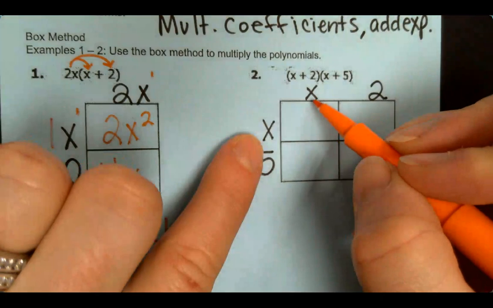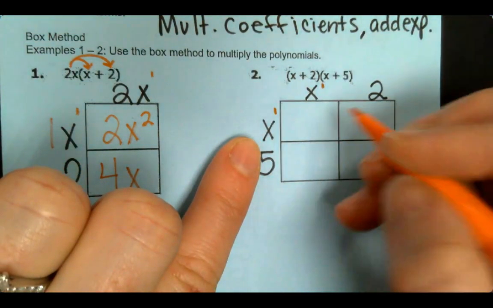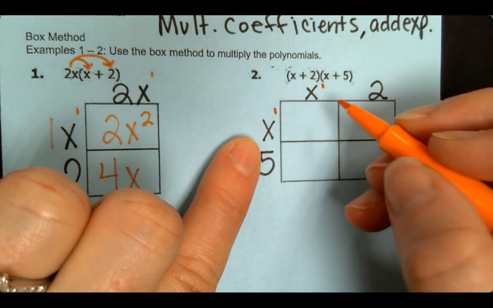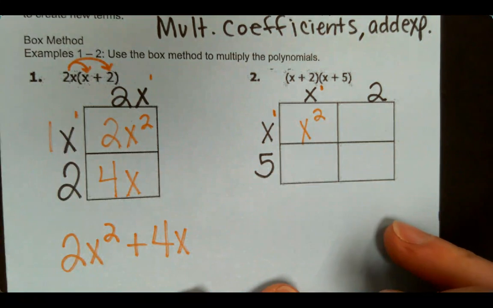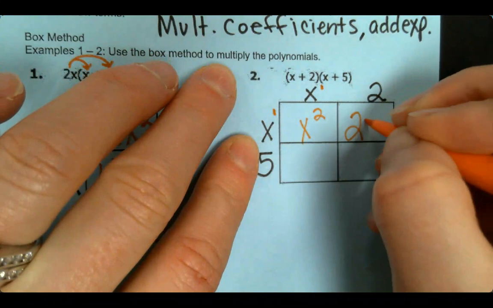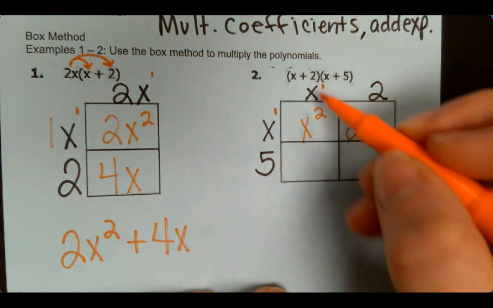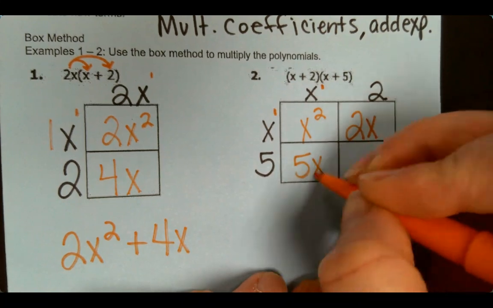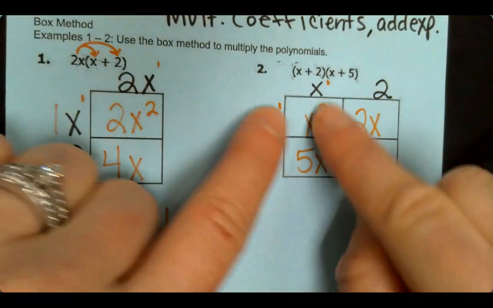So x times x. They both have 1 as their exponent, so you add your exponents. X times x is x squared. 2 times x is just 2x. 5 times x is 5x. Do you see where I'm getting these? A row by a column.